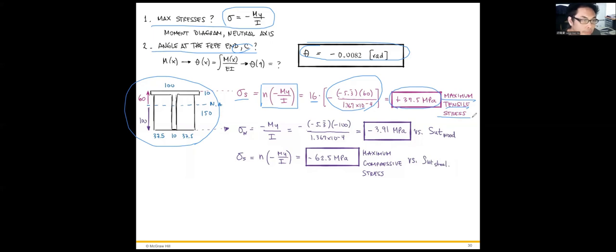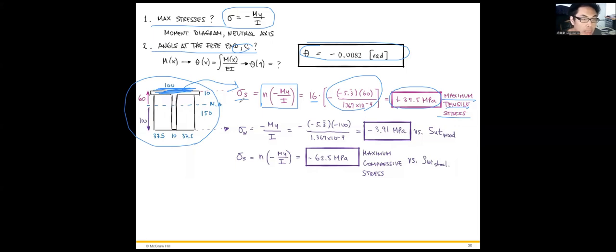So it's tension at the top surface, which is steel. Its maximum stress is 37.5 megapascal in tension.